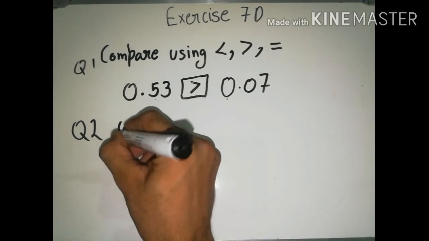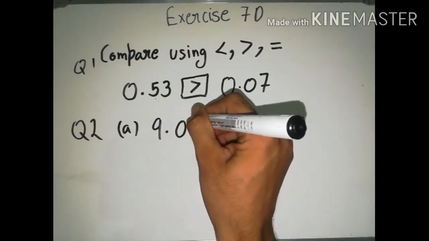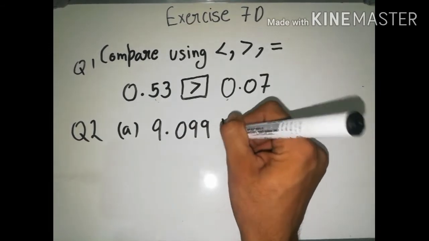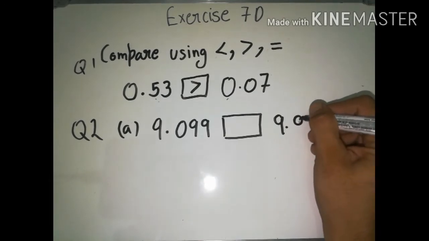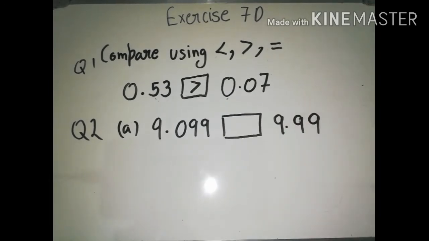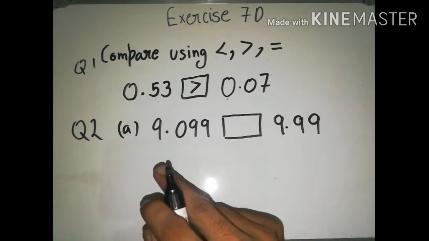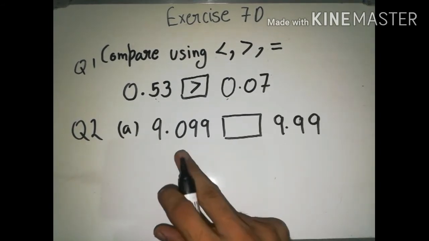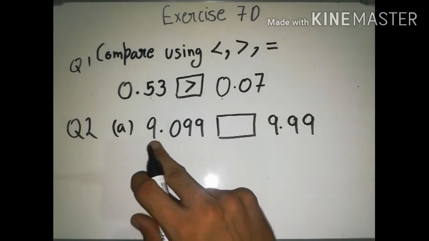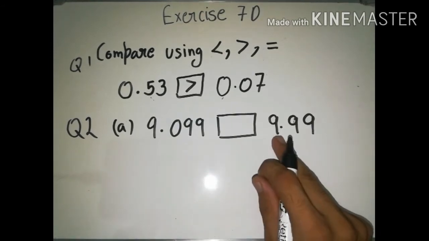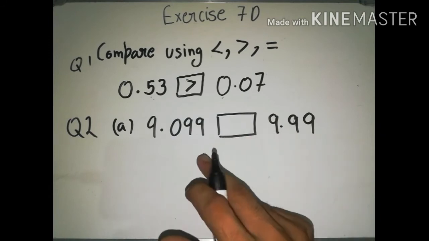First is A, that is 9.099. We have to compare with 9.99. So you will not count the digits in a decimal number, you will check the places. So on the ones place or whole number part there is 9, यहाँ पे भी 9 है, both are equal, हमें नहीं पता चलेगा which decimal is bigger.